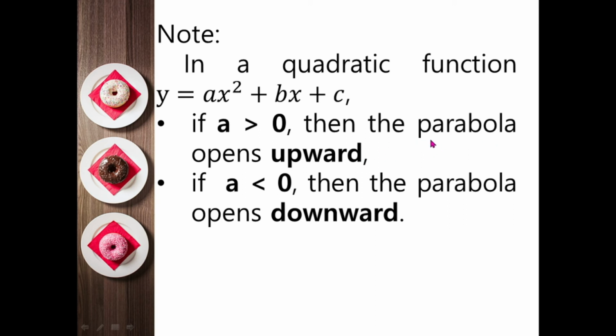A parabola, take note, is a smooth curve which represents the graph of our quadratic function. So if a is positive in a quadratic function, it opens upward. Otherwise, if a is less than 0, or our a is negative, then the parabola opens downward.